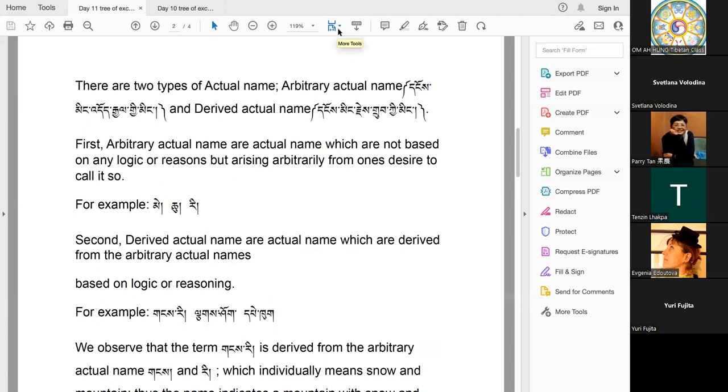Using these arbitrary names, we combine them and derive new names. Now these names are more logical and reasonable because they are based on names which were already given, and by the logic of these names we're creating new names. For example, we have Kangri, Chaksho, Pekuk.